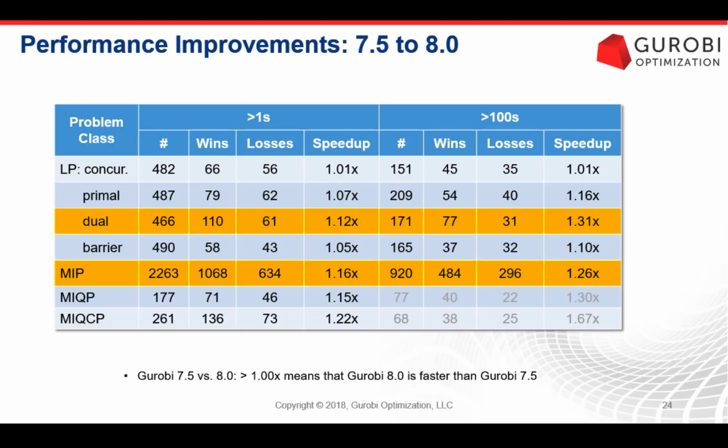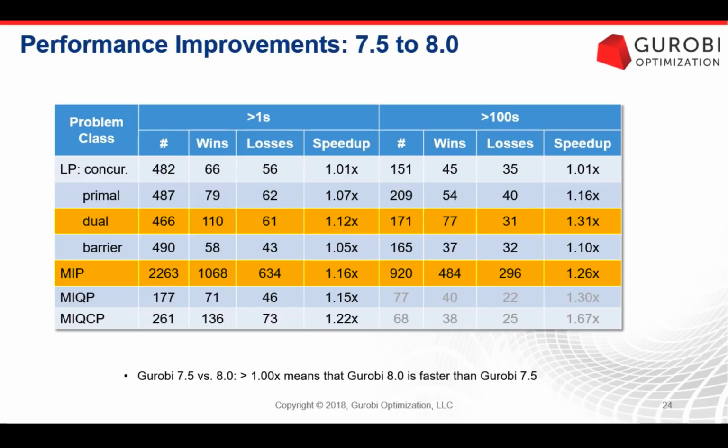The columns on the left, the 1 second columns, are meant to capture the broad set of models in the test set. We removed models that take fewer than 1 second because those are probably trivial models, and it's probably not so important how performance has changed on those. And then on the right, models that take more than 100 seconds are meant to capture the harder models in the set.